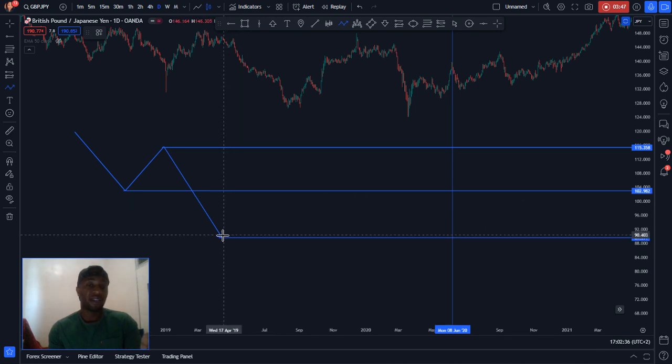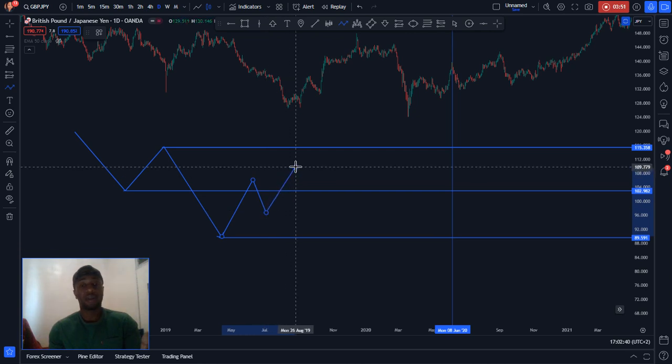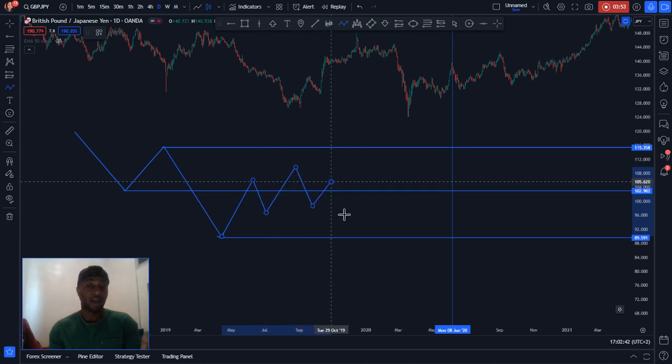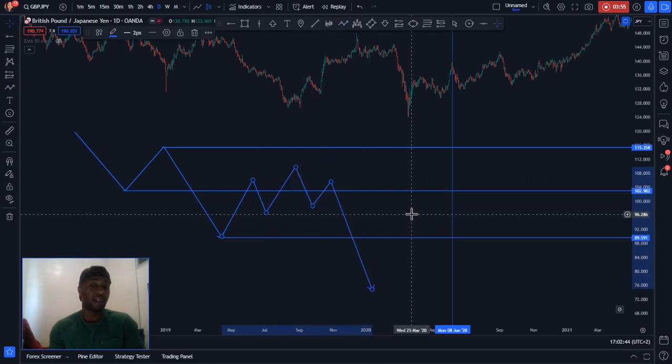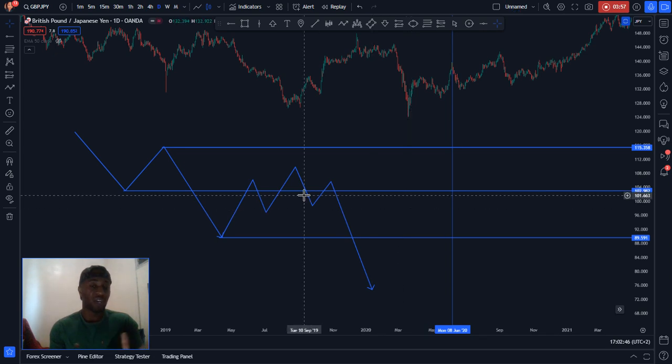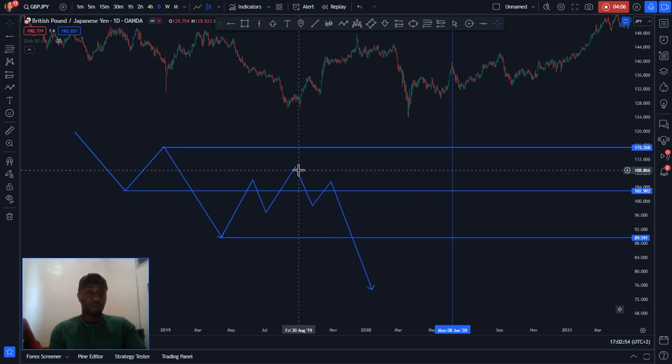So you might find that on a higher time frame it gives you something slightly simpler before it goes down. So try by all means to figure out the direction on the higher time frame, so that you can make your life easier when you go to a lower time frame. Lower time frame has a lot of noise.